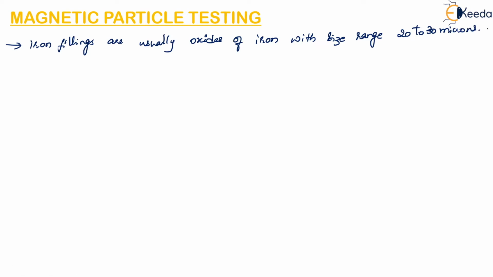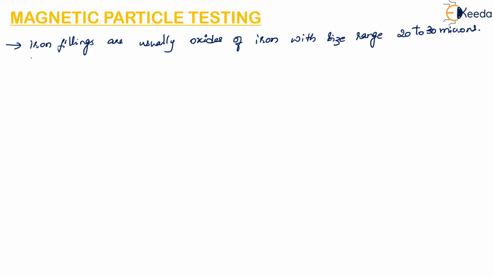So how are these particles placed or suspended on the surface? So they are usually suspended in a liquid which will provide mobility or movement of the particle, that is the iron filings, on the surface of the test piece, assisting their migration to the crack edges.